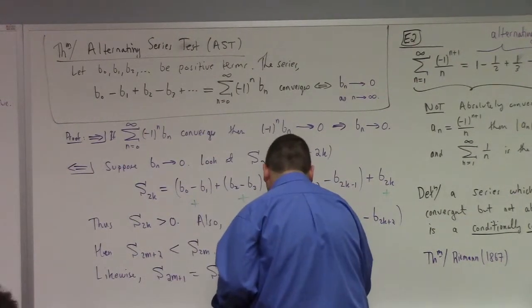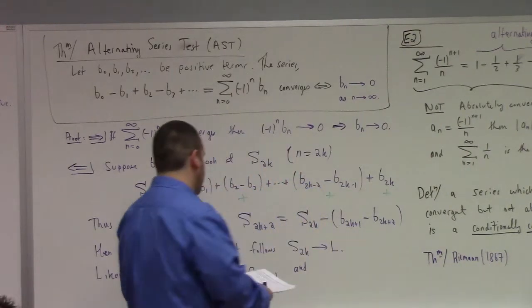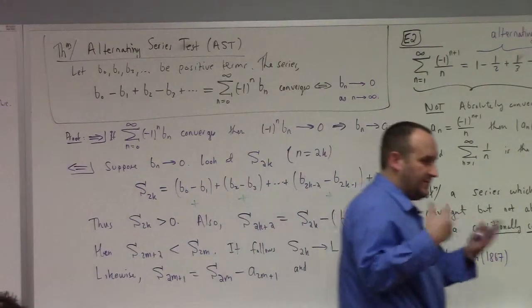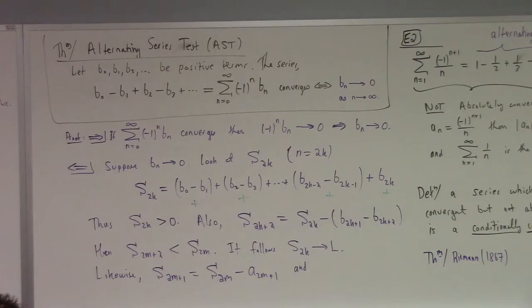That's immediately obvious just from the setup of the series. We're subtracting odd terms, so we take the even partial sum, and to get to the next odd partial sum we just add the next term in the sequence.